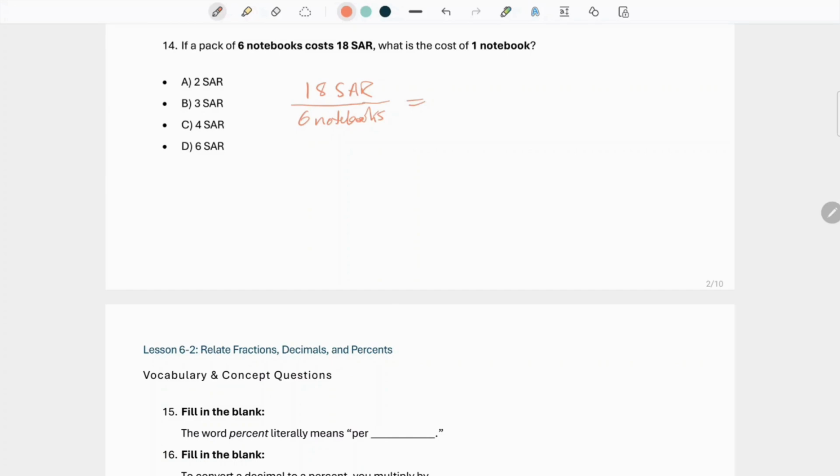So 18 divided by 6 is 3. So what that means is it's 3 Saudi riyals for 1 notebook. So the answer is B.